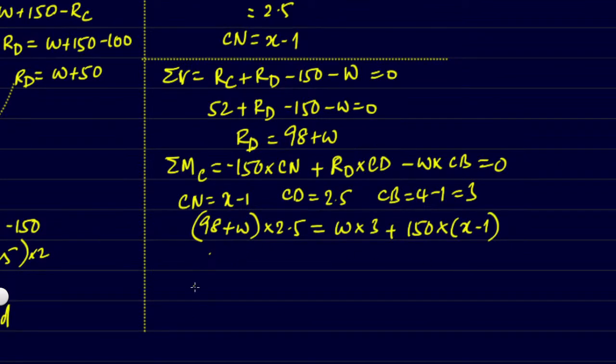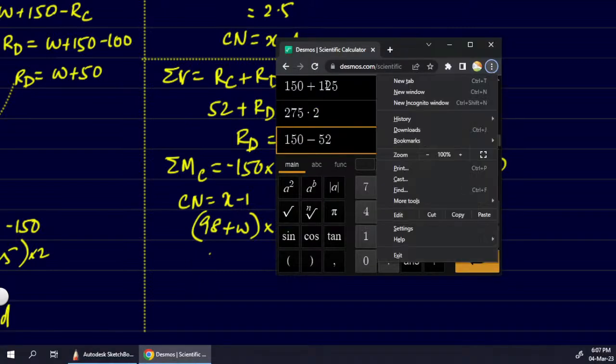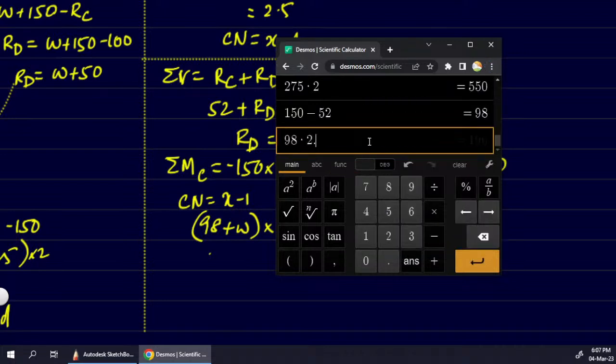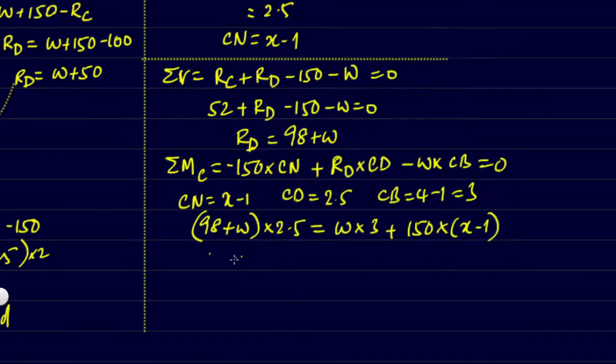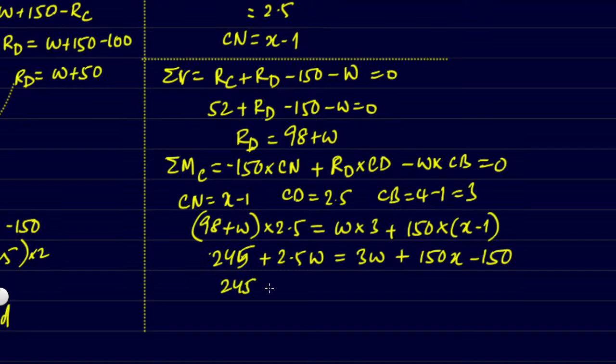So 98 into 2.5, 245, plus 2.5W equals 3W plus 150x minus 150. Take W terms on one side. 245 plus 150 minus 150x equals 3W minus 2.5W.